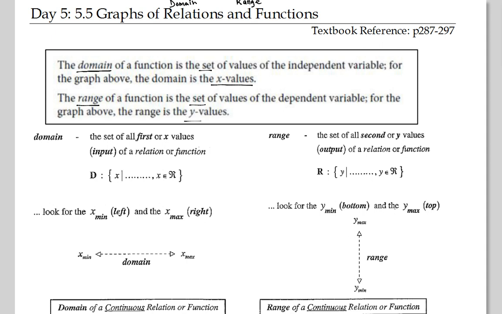I can show you some shortcuts, but all the domain is, especially for a graph or a function, it's just the left endpoint to the right endpoint. The domain is the horizontal. So there's a minimum on the left and there's a maximum on the right. So if you think vertically, your minimum would be on the bottom and your maximum would be at the top. Okay? So for domain, you're thinking left and right, and for range, you're thinking up and down.